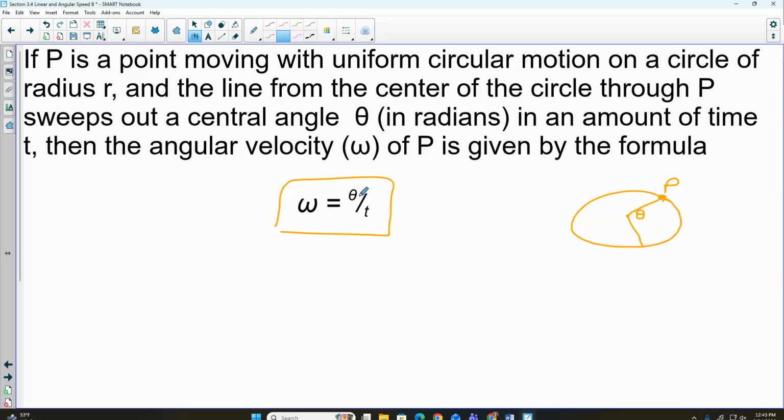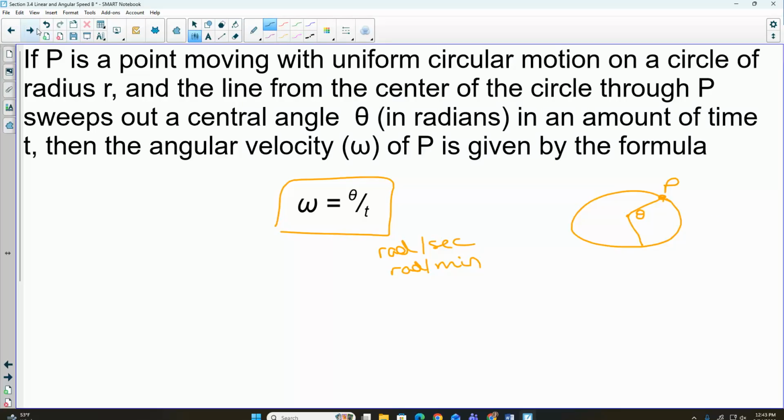But it's just your angle divided by time. So your angle has to be in radians. So it'll be like radians per second or radians per minute, but it will always have to be in radians. If it were anything else, we would have to first change it into radians to get there. So those are the two new calculations that we're going to be doing.